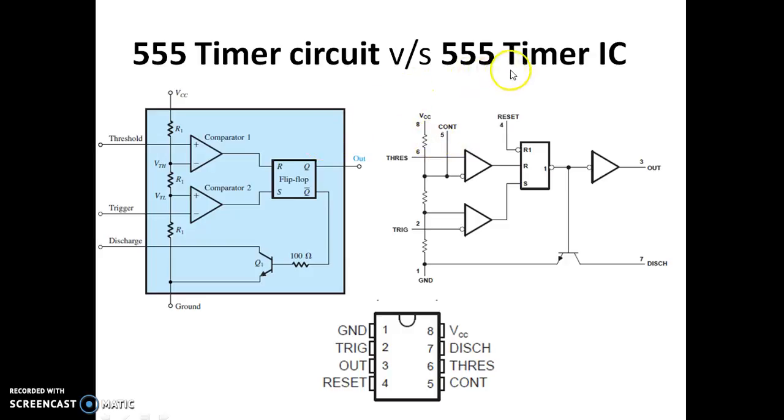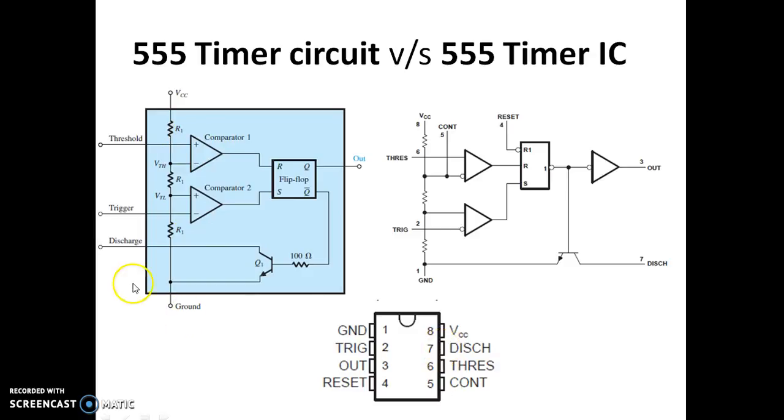Now this 555 timer is actually an 8-pin IC, which we'll be using in the lab. So it's a dual in-line package. Now these are the pin numbers and their function. Pin number 1 is ground, 2 is the trigger, 3 is the output, 4 is the reset, 5 is the control voltage. This control voltage is exactly the inverting terminal of the first comparator, and we have a threshold, which is the positive terminal of the first comparator.